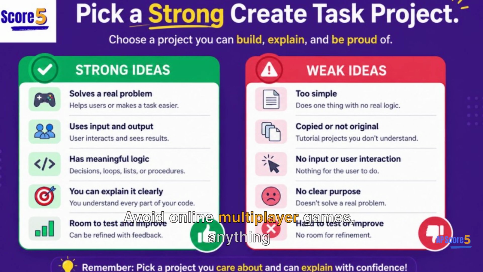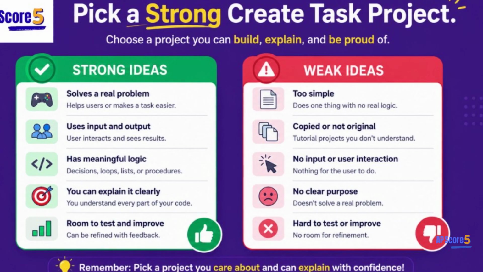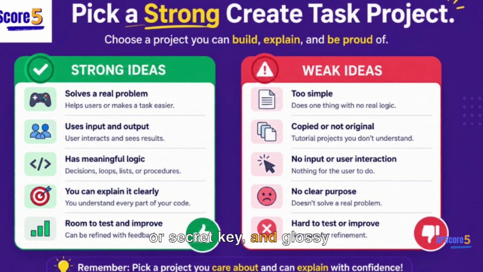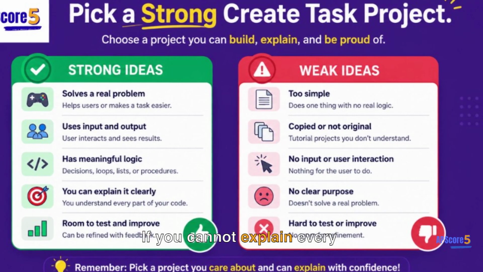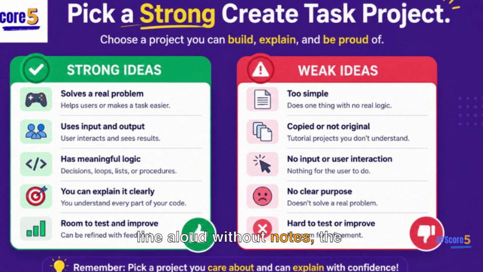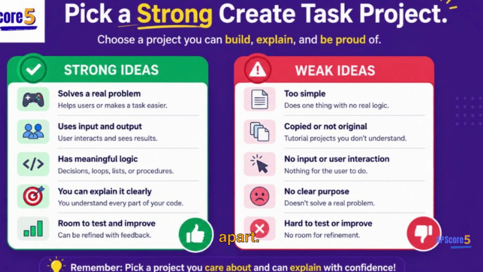Avoid online multiplayer games, anything requiring a paid API or secret key, and glossy projects copied from tutorials. If you cannot explain every line aloud without notes, the exam day written responses will fall apart.